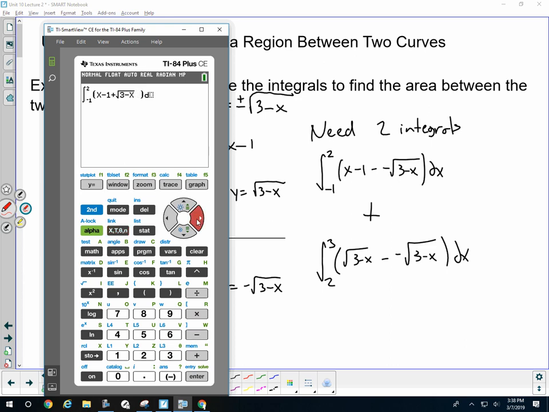That was one integral. And then I'm adding an integral from 2 to 3 of, when I end up subtracting these, it's just this plus this, which is 2 of these. So just quickly, so that I can enter it in quickly, I'll simplify that. And I get an area of 4.5. I'm assuming it's 4.5 because my calculator is approximating.